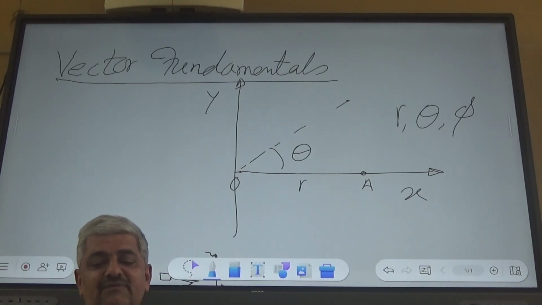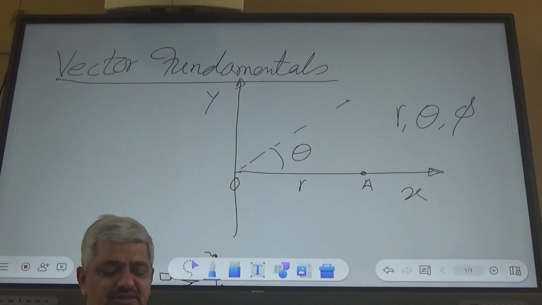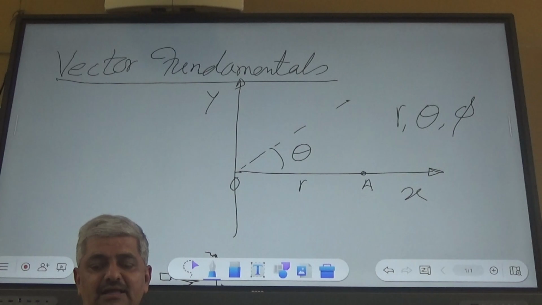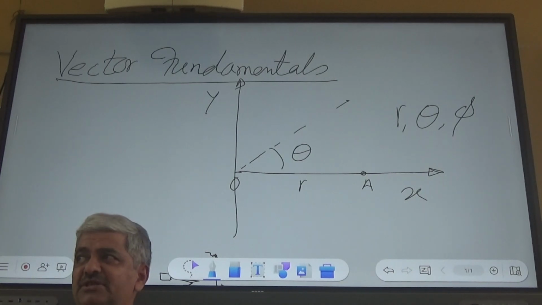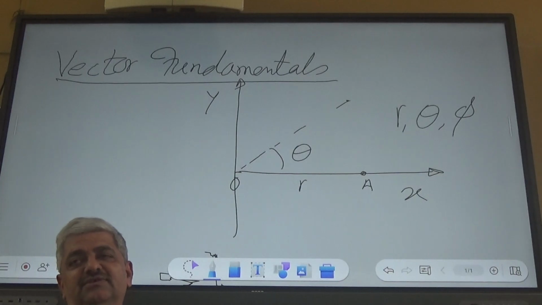Actually, what we say vector, there is an alternative logic. A vector is an ordered combination, and if the combination includes only one number, then it's a scalar. A vector is an ordered combination of numbers.